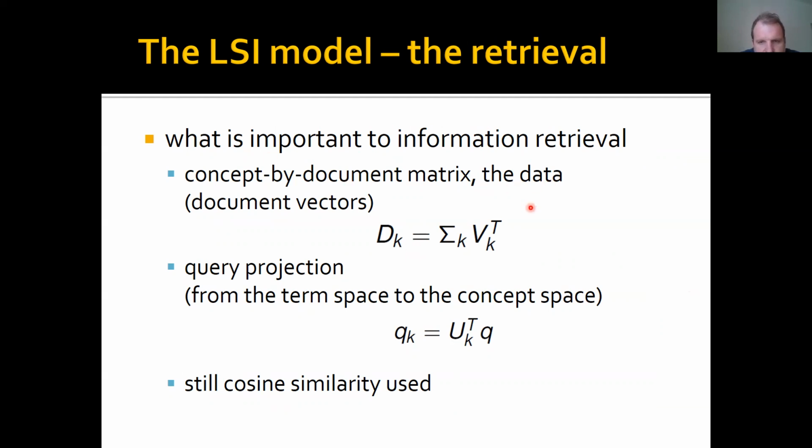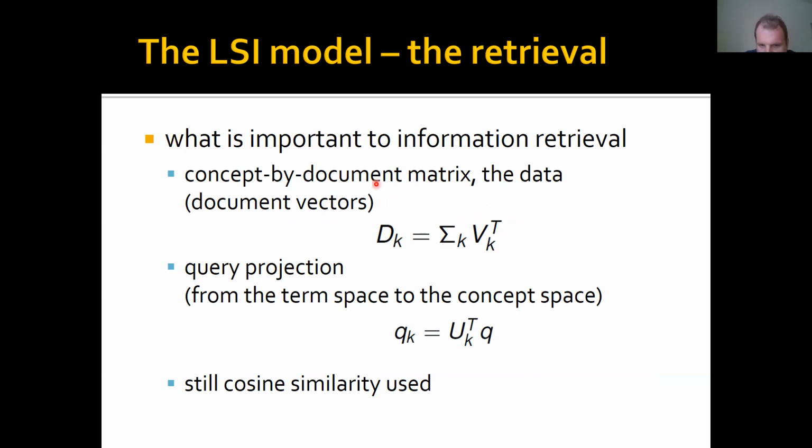But first, what I need to express is that basically we have 2 components coming from the decomposition. First is this sigma times v, and that's the new representation of the matrix. The term by document matrix is now turned into a so-called concept by document matrix. So the data are now expressed in the basis of concepts, not terms.